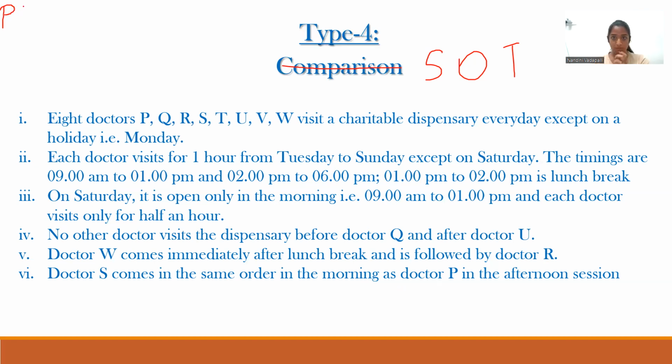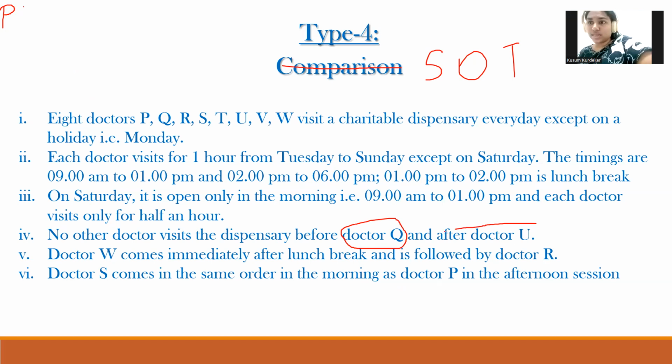Yes, Tuesday to Sunday, except Saturdays. I have a doubt. There is a mention that no other doctor visits the dispensary before Dr. Q. It means Q is the first one daily to visit, and U is the last one who exits from the dispensary. Correct. It is Dr. Q who comes in first and Dr. U who goes last.